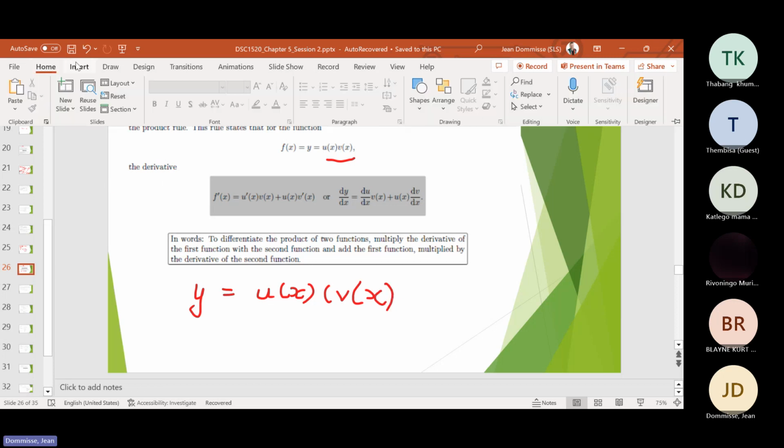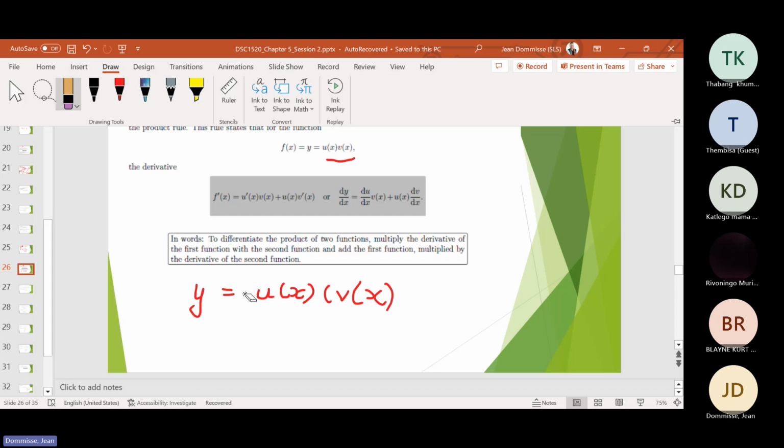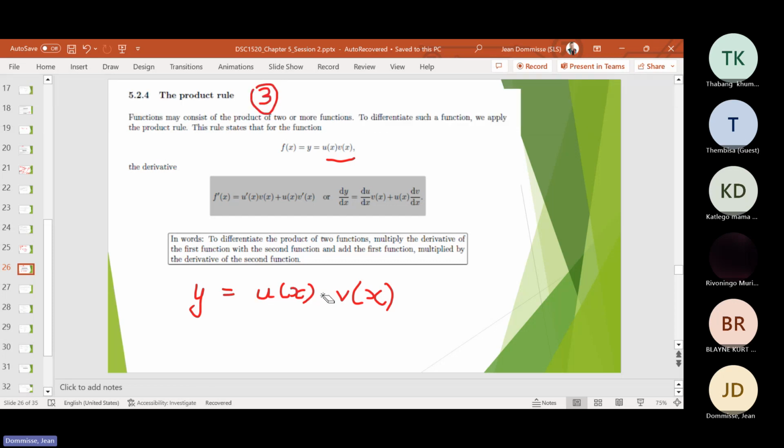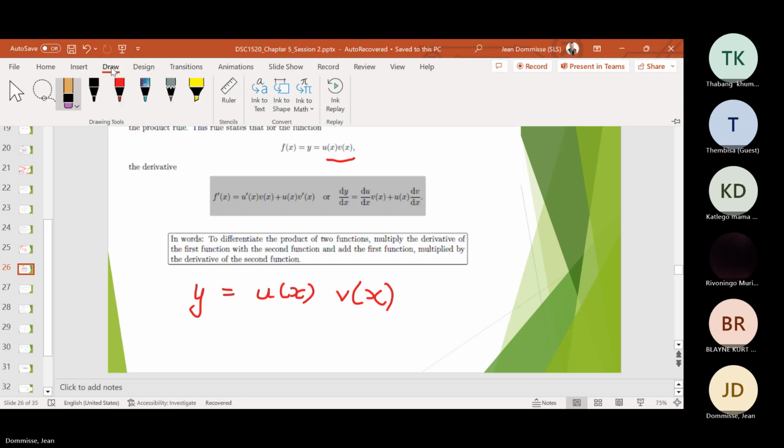What is nice about the product rule is there's no "do this one first, do this step second."